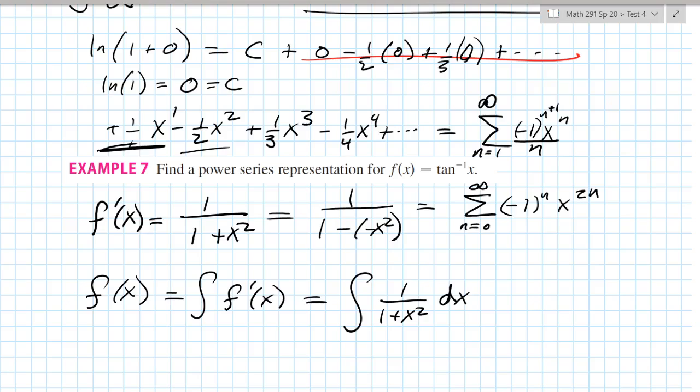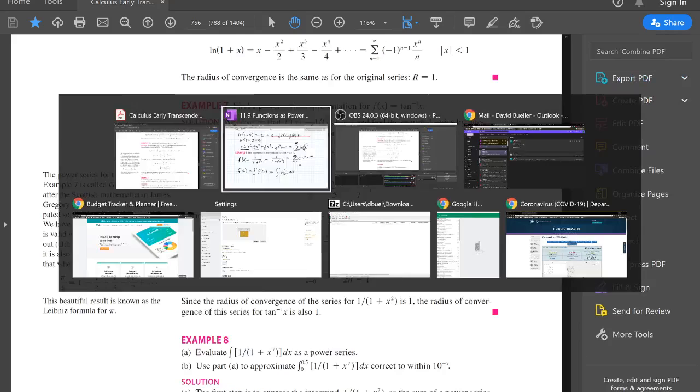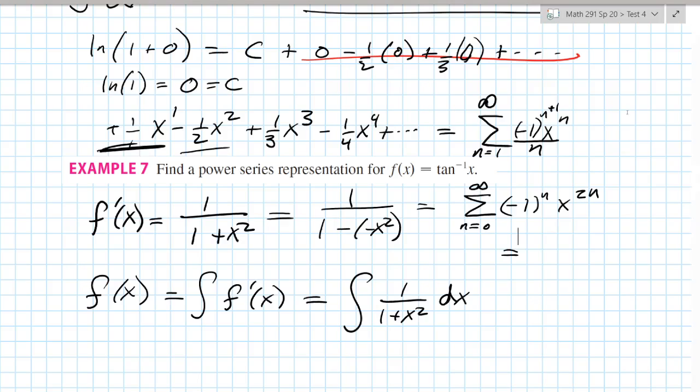And now all I have to do is integrate this term by term. So my first term here was a positive 1.